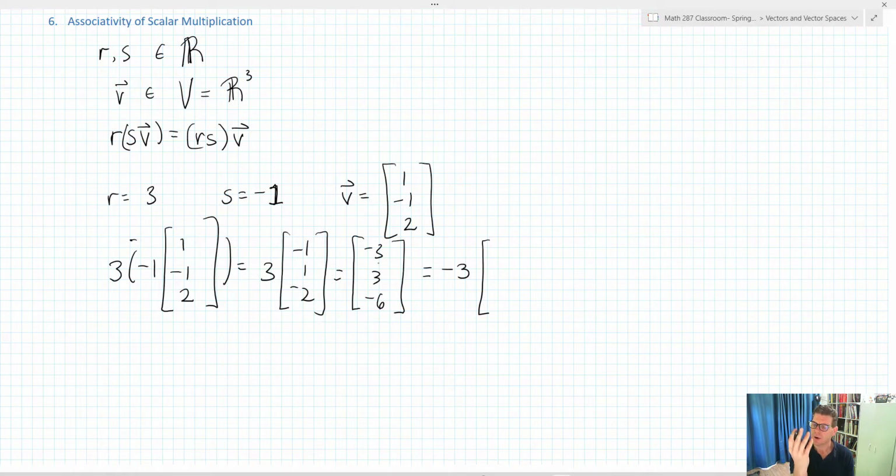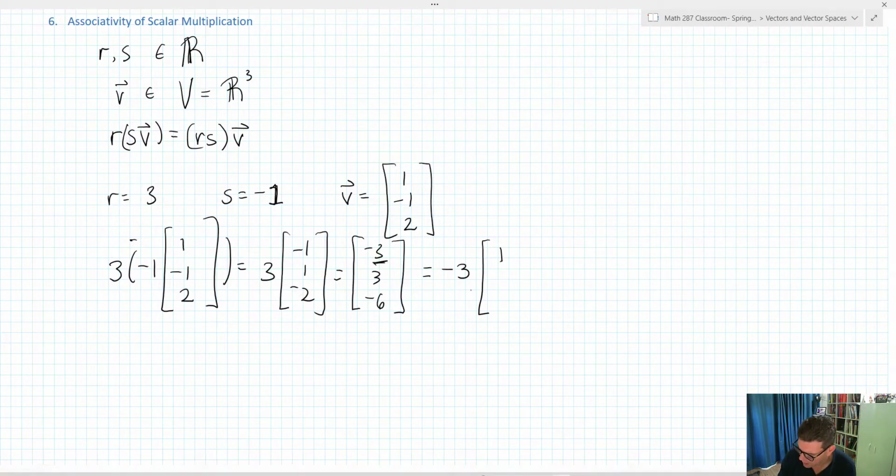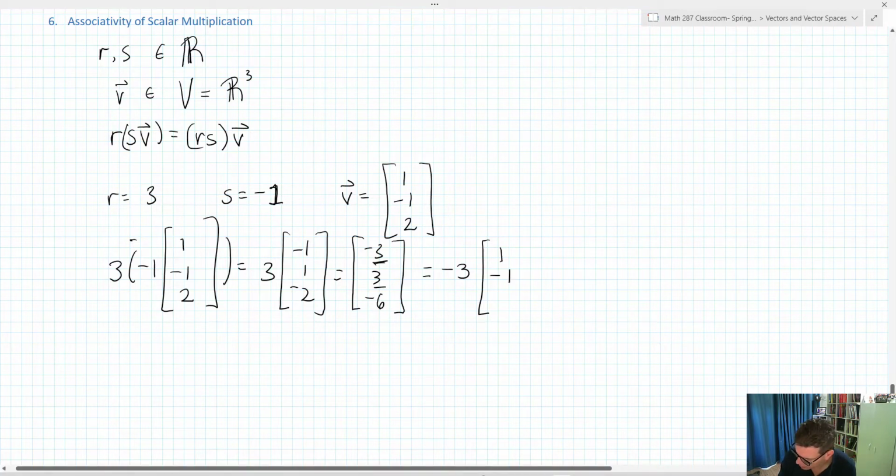What you're going to do, though, is factor the same value out of each one of the terms, and then that becomes your scalar. So negative 3 divided by negative 3 is 1. Then 3 divided by negative 3 is negative 1. And then negative 6 divided by negative 3 is 2.